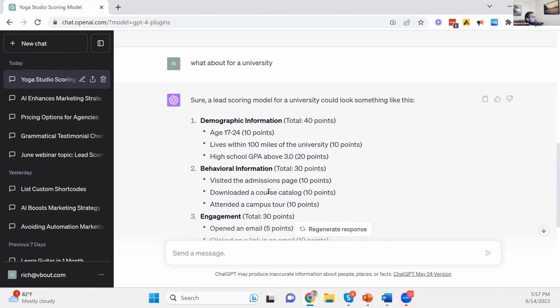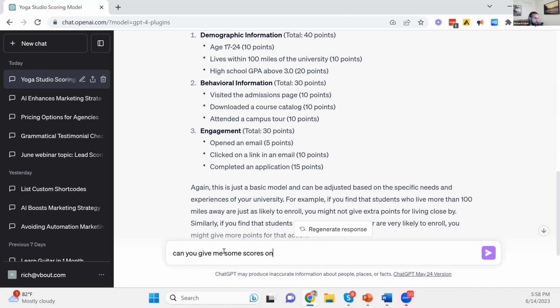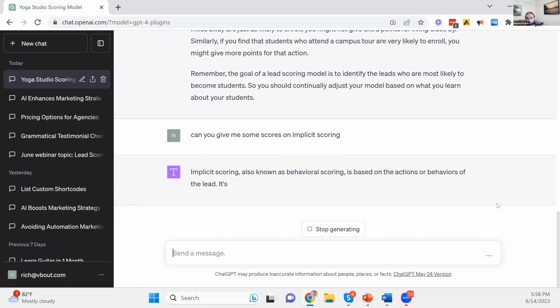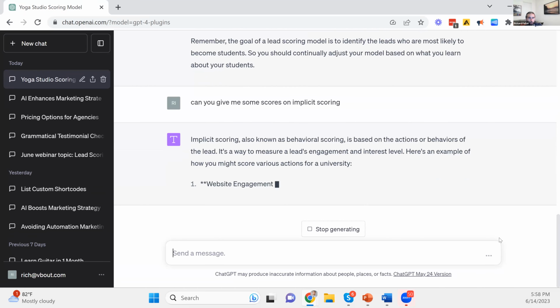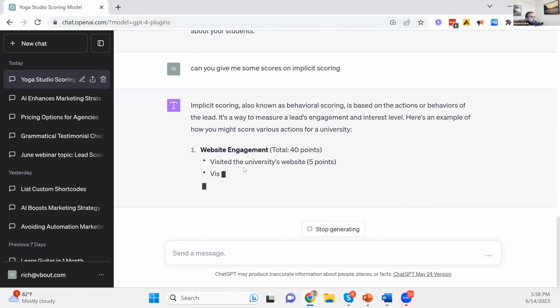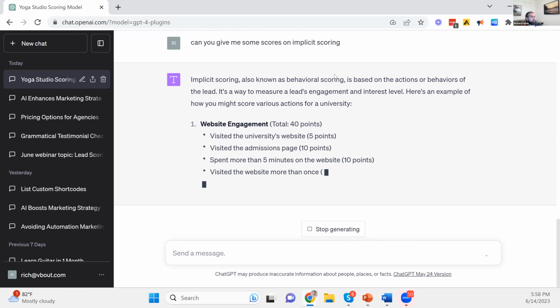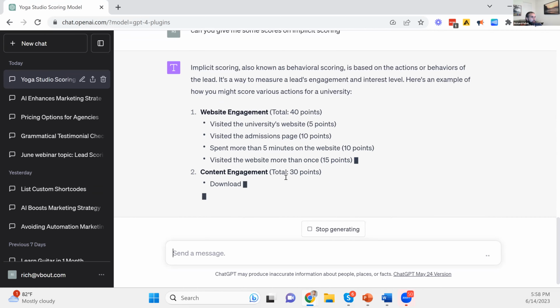Ask ChatGPT to give you some based on your industry, and you can ask it to elaborate and say, can you give me some scores on, I don't know if it's going to understand, implicit scoring. All right, so now it's giving me some implicit scoring ideas based on my industry.